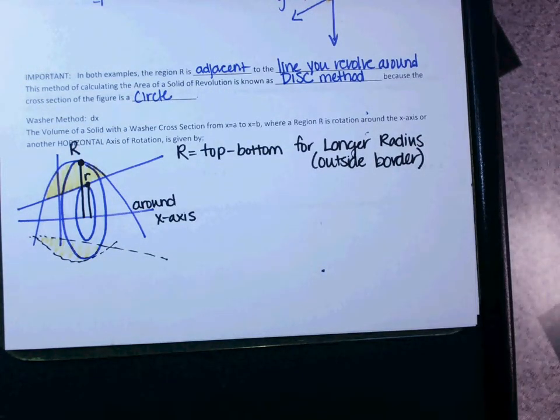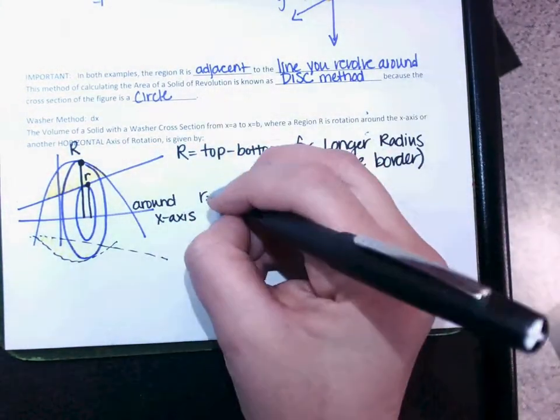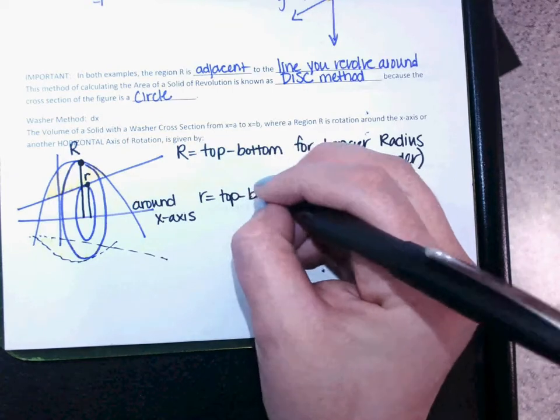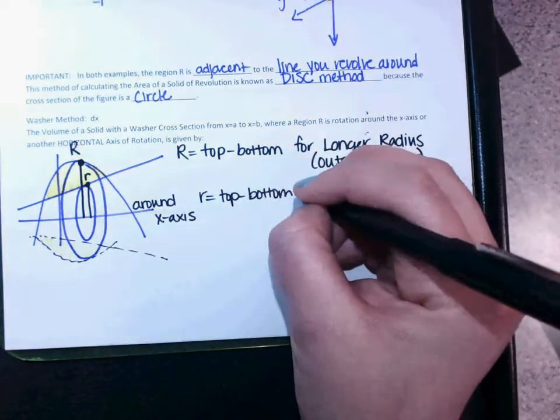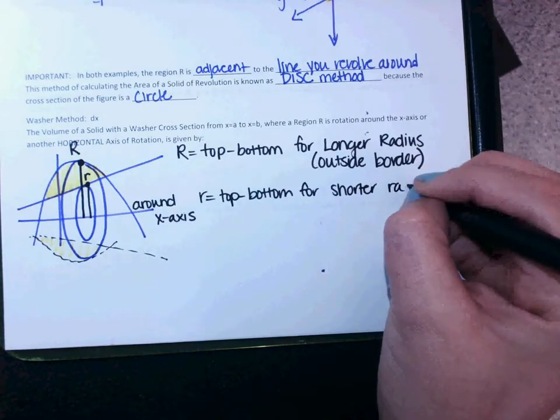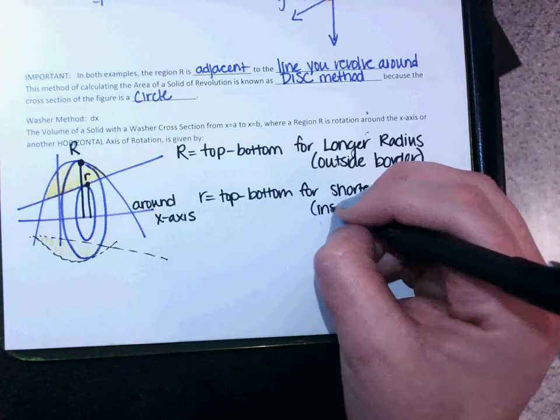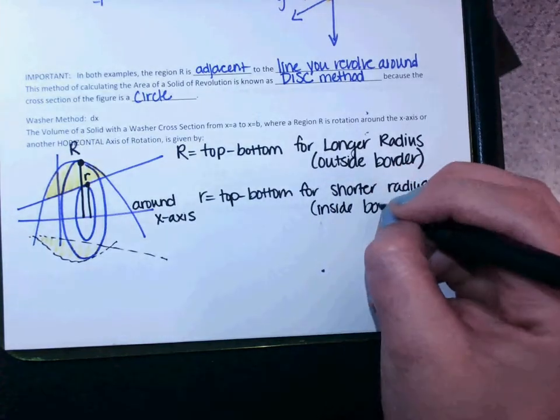Outside being like the outside of your three-dimensional shape. And then little r is going to be top minus bottom for the shorter radius. And instead of the outside boundary, that would be the inside hollow part. The inside border.